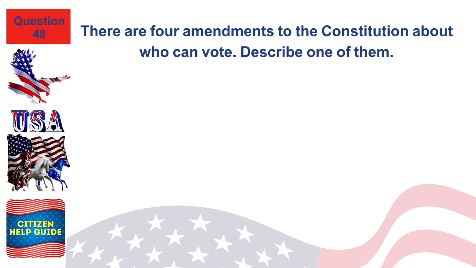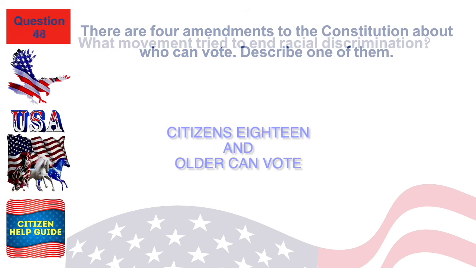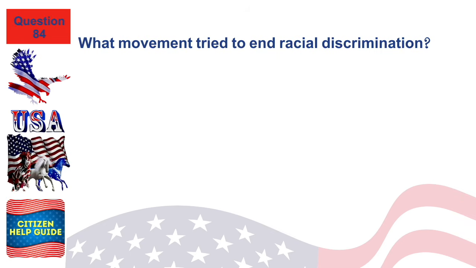There are 4 amendments to the Constitution about who can vote. Describe one of them. Citizens 18 and older can vote. What movement tried to end racial discrimination?